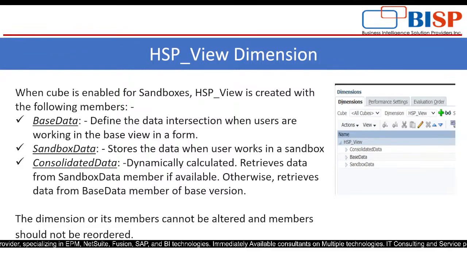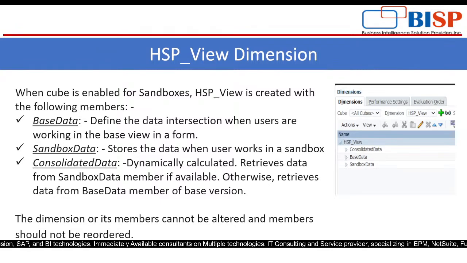The first one is the base data member. The base data member defines the data intersection when users are working in non-sandbox view or base view in a form. Then the second one is the sandbox data. The sandbox data member stores the data when users work in a sandbox.